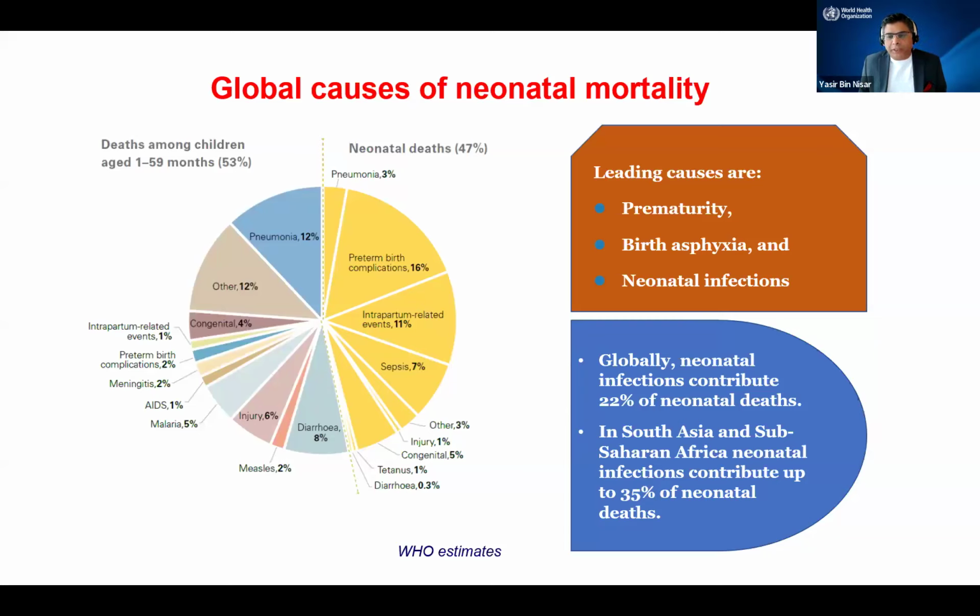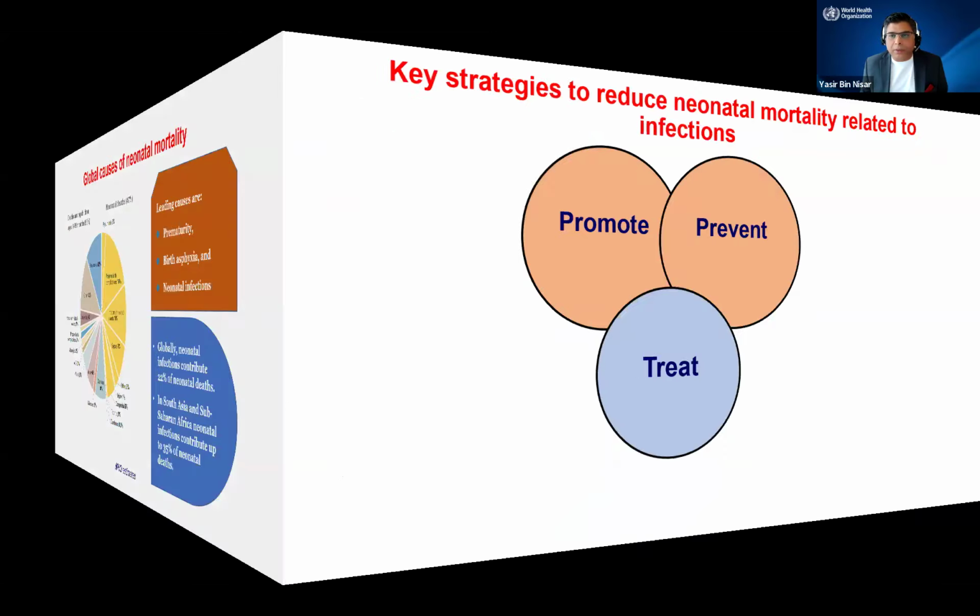But unfortunately, in South Asia and Sub-Saharan Africa, the contribution is a little more than 35%. So this topic is very important for these two regions of the world, where we know that most of the newborn mortality is occurring.